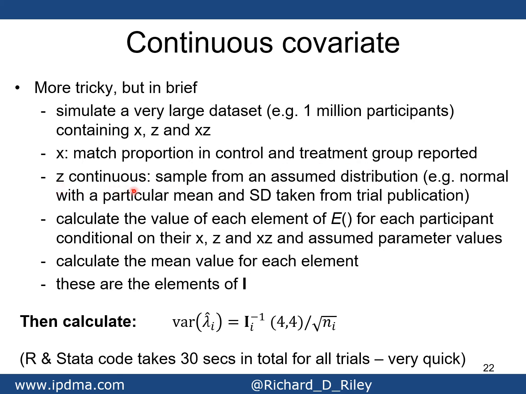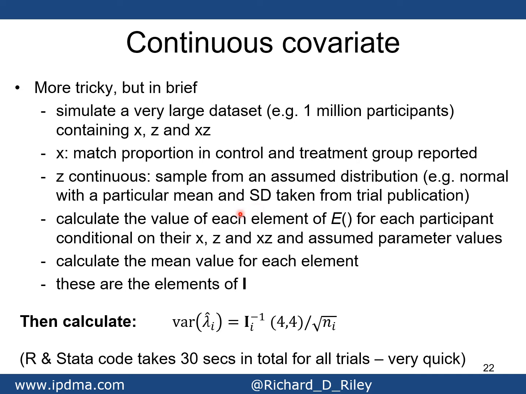Z is continuous, so we're going to have to make an assumption about how we simulate Z. Usually the mean and standard deviation of Z would be available from trial publications or trial authors, and then we're going to have to make an assumption. Maybe it's normally distributed. So for age, we may have the mean age and the standard deviation of age in each of the treatment and control groups, and we'd assume it's normally distributed and simulate values of that.